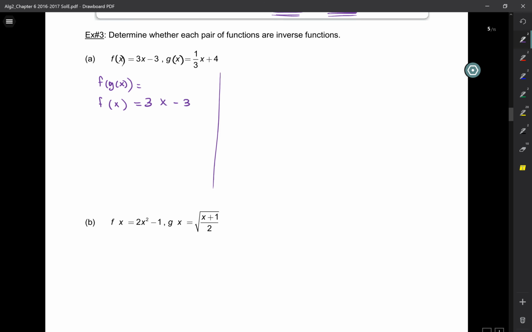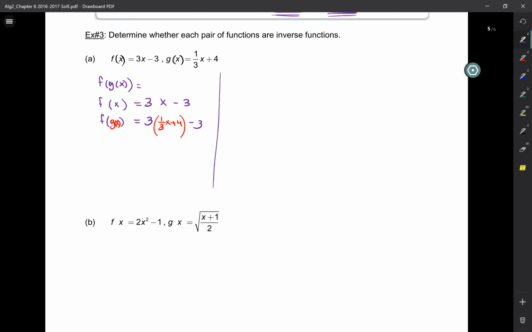So now, what would f of g of x be? Right, so it's 3 times 1/3 x plus 4 minus 3. Right? This is what you were doing on last night's homework. So this is f of x, now f of g of x. So I'm going to substitute g of x into the x.